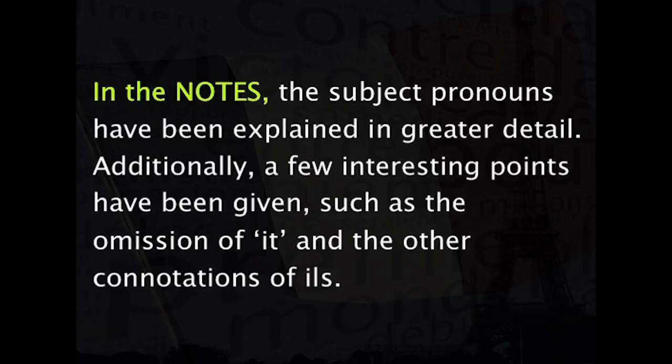In the notes, the subject pronouns have been explained in greater detail. Additionally, a few interesting points have been given, such as the omission of it and the other connotations of il. Let us now look at the chart.